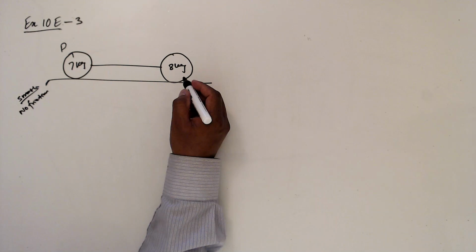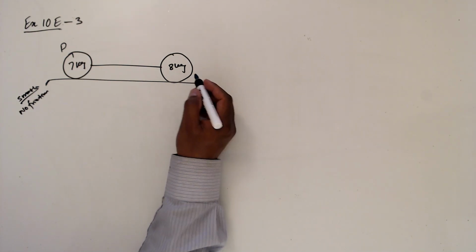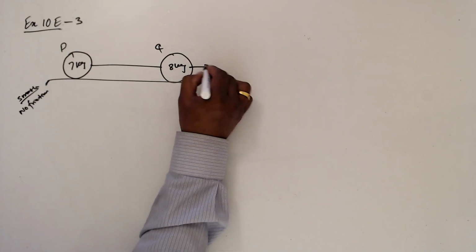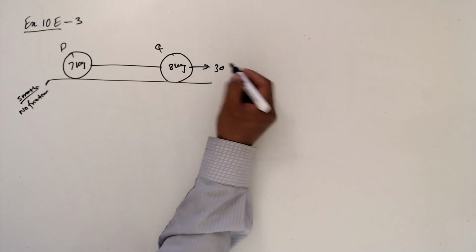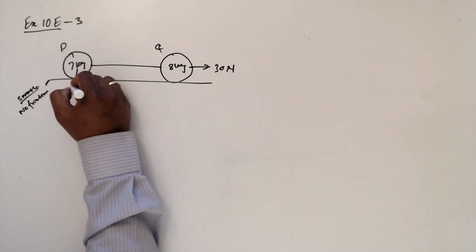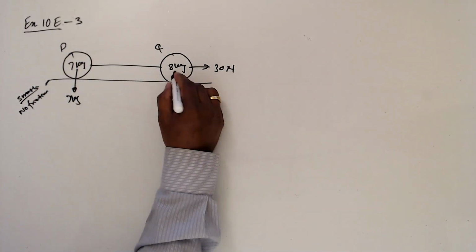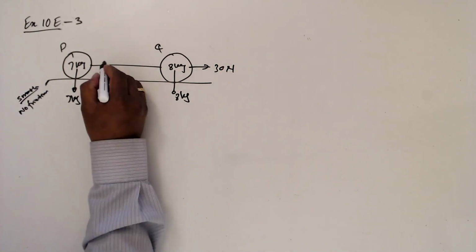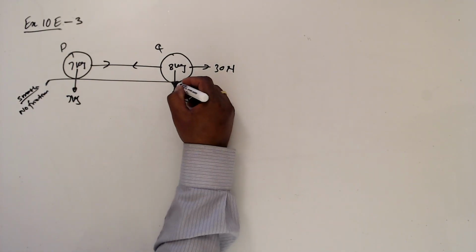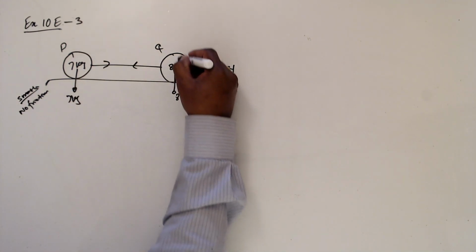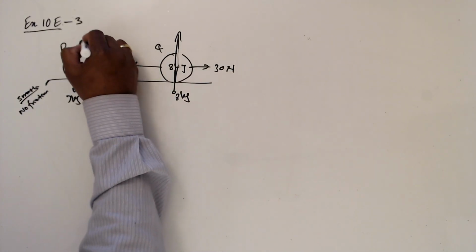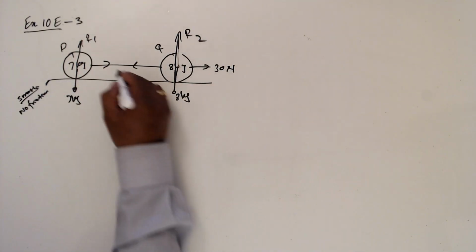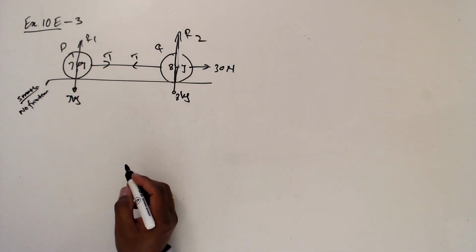And 30 Newton is applied to Q, in the direction away from P. So it has weights 7 kg and 8 kg, and a tension, and it touches the surface, so there should be normal reactions R1 and R2, and this is tension T. Find the acceleration of the system.